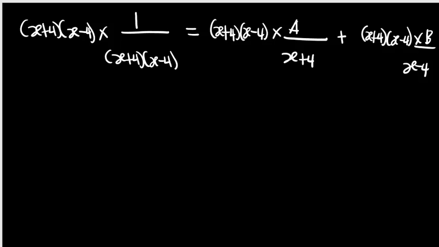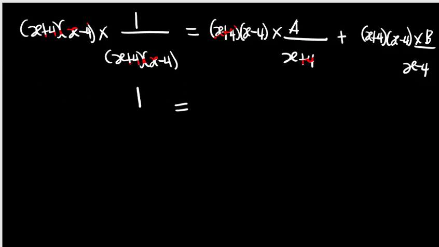Okay, so what is going to happen next? Now the whole of this is going to cancel this, therefore we are going to be left with 1 being equal to, once again, x plus 4 is going to cancel x plus 4.